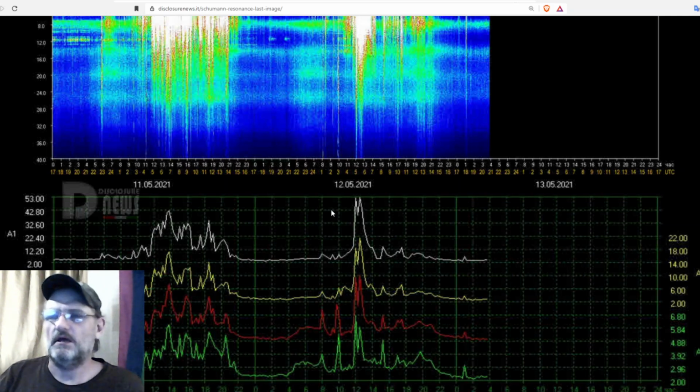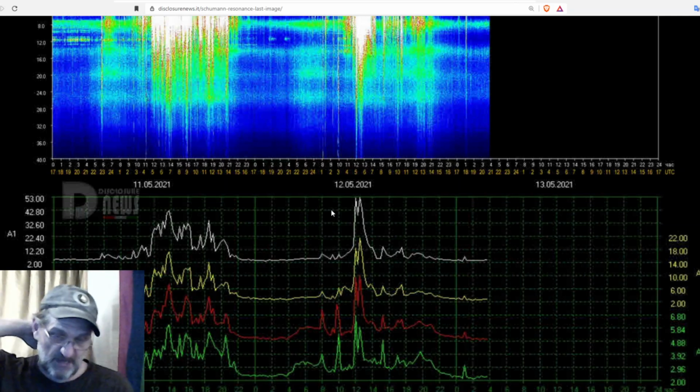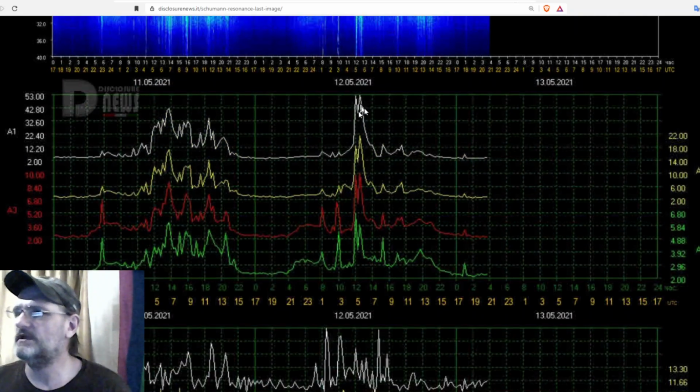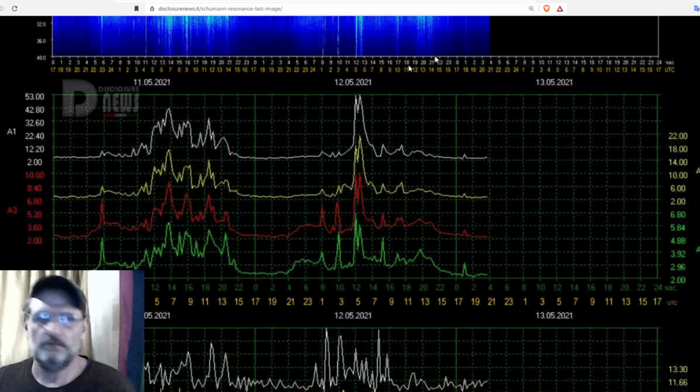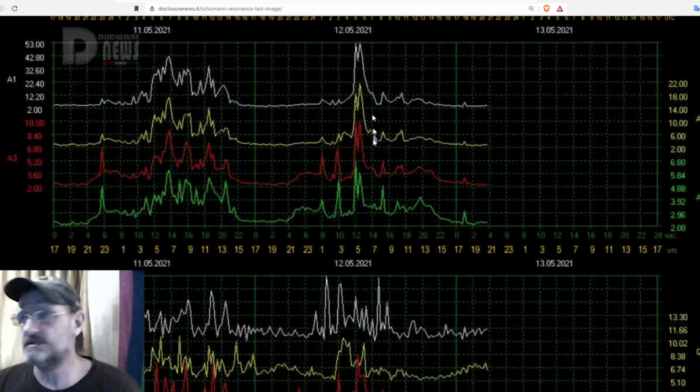Okay? There's an inverse relationship between the uprights of the amplitude and the horizontal of the magnetics. The field generally is related between the two, and so you would expect to see in mode one, as I've talked about before, normally speaking for lightning, a peak in amplitude and then a response in the white mode.